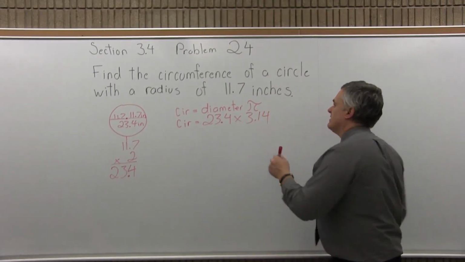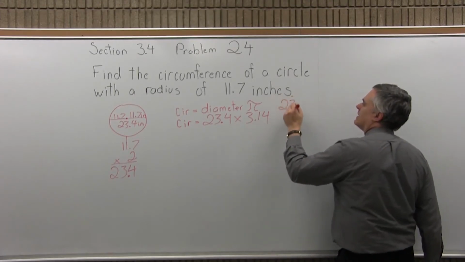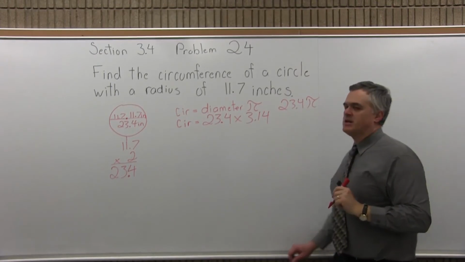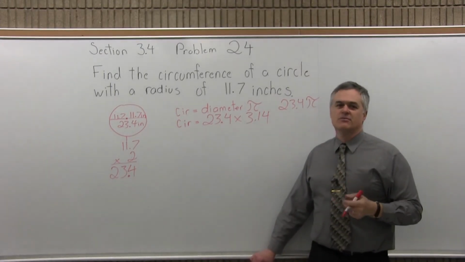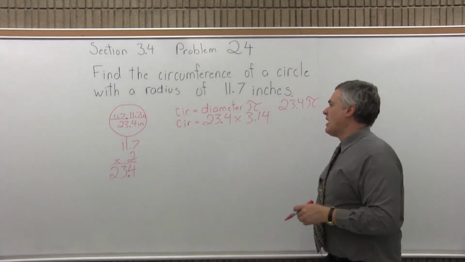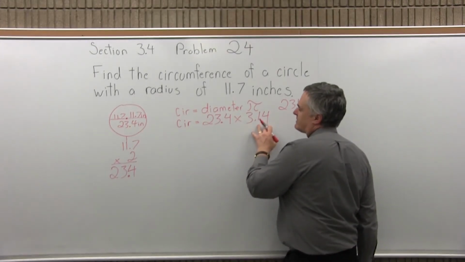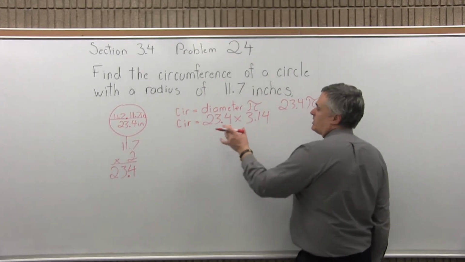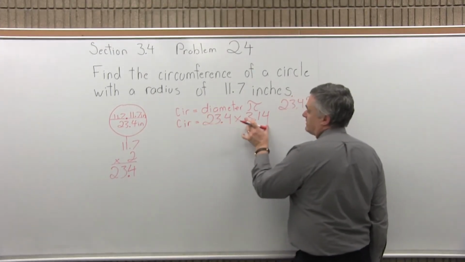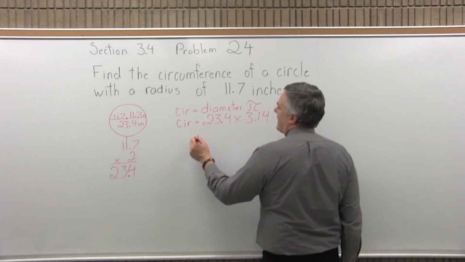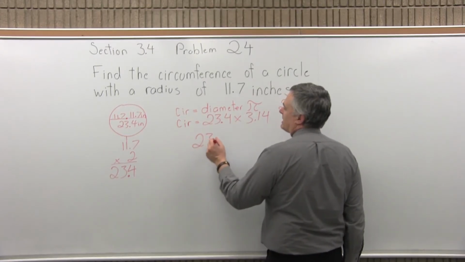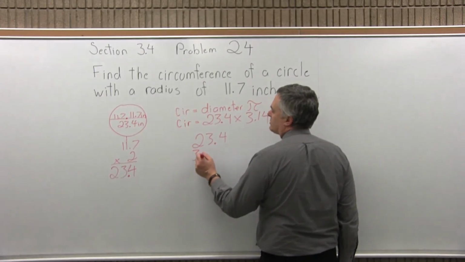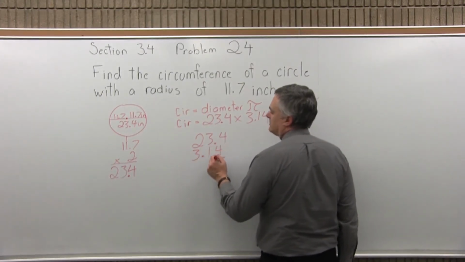Some people would just leave 23.4 pi like this, and say that you can put as many places after the decimal for pi as you need for the amount of accuracy you need. But for most people, 2 places after the decimal for pi is good accuracy. So I have to multiply 23.4 times 3.14. I find it easy to do a problem like this in a vertical format, 23.4 times 3.14.